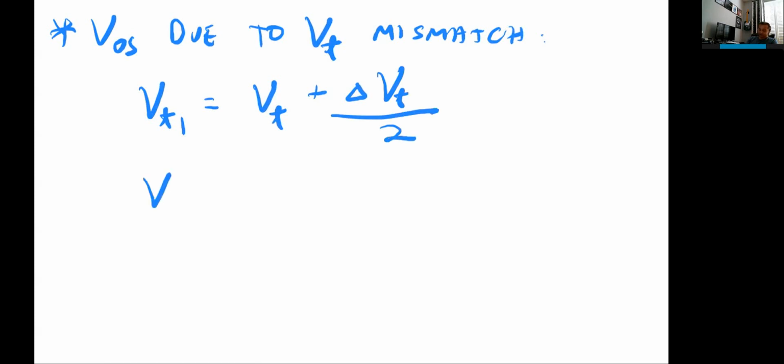And for transistor 2, and now let's look at the drain current expression that involves the threshold voltage. So for transistor 1, we hold the K the same, but now we're going to see what happens with the threshold voltage.